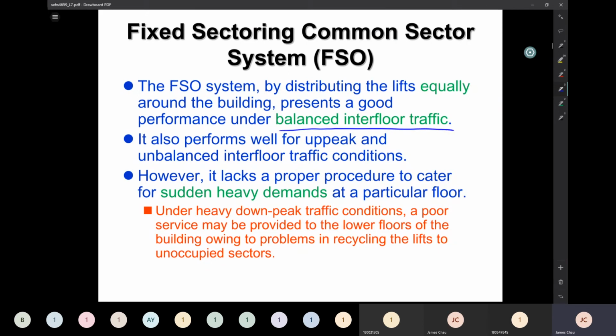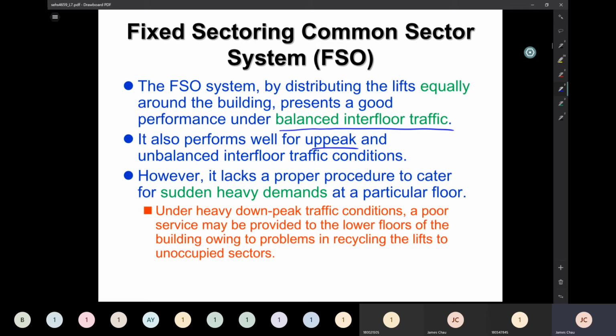Normally, we divide the floors into an even number so that each leaf is assigned to serve these floors. Okay, and we found that the system should perform very well for the up-peak and unbalanced interfloor traffic conditions, because we assume our solution is not balanced. So if we assign the leaf in a balanced manner, we should have a good solution, right?